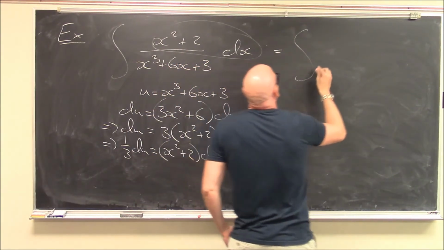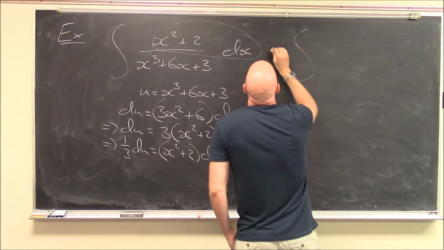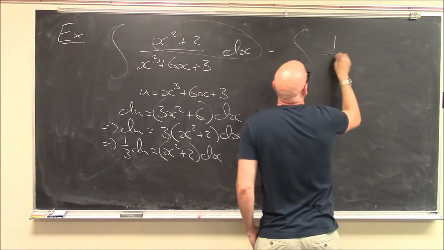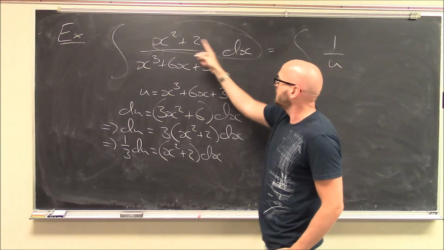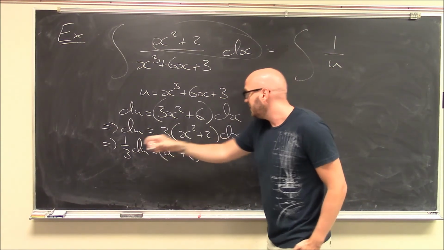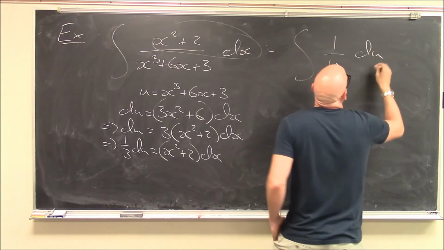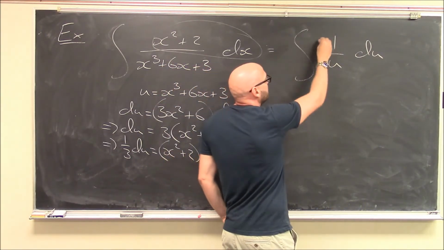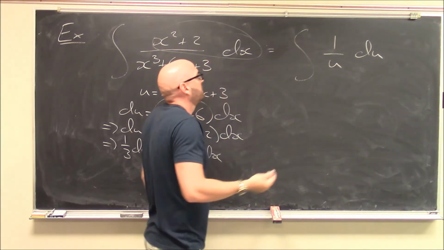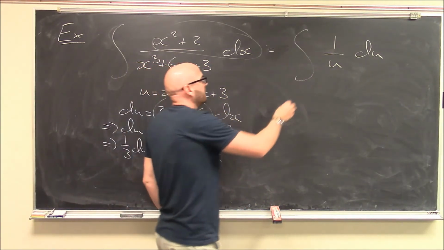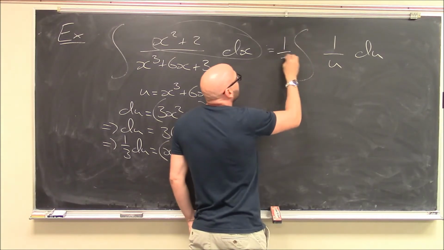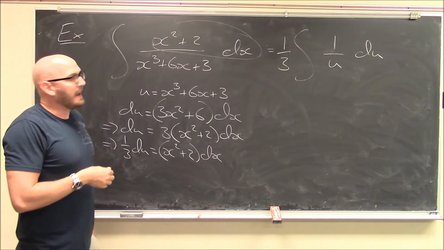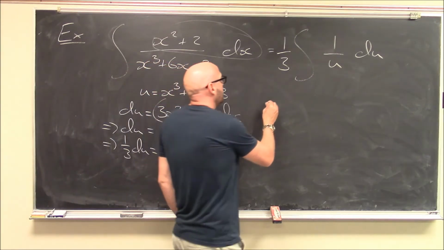We've got the integral of, so we've got 1 over u, and x squared plus 2 dx became du times 1/3. And what I did in the past is I wrote the 1/3 on the inside of the integral, but one thing you could do, just to mix it up a little bit, remember you can always pull constants outside. So I'll put 1/3 outside the front of the integral there. And now it's no more complicated than the last example we just did, right?